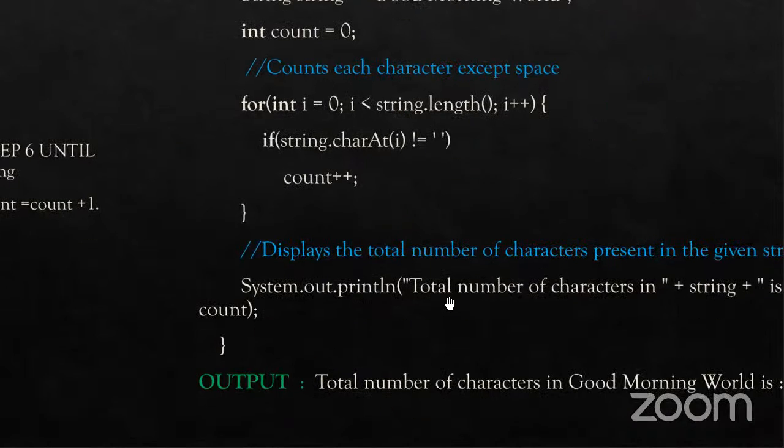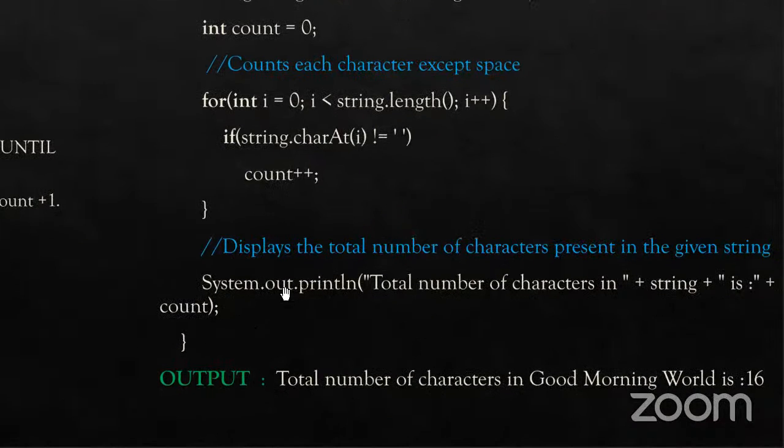For displaying that, I am giving a print statement, System.out.println, total number of characters in this given string. We can append the string with the count. The output will be: total number of characters in good morning world is 16.